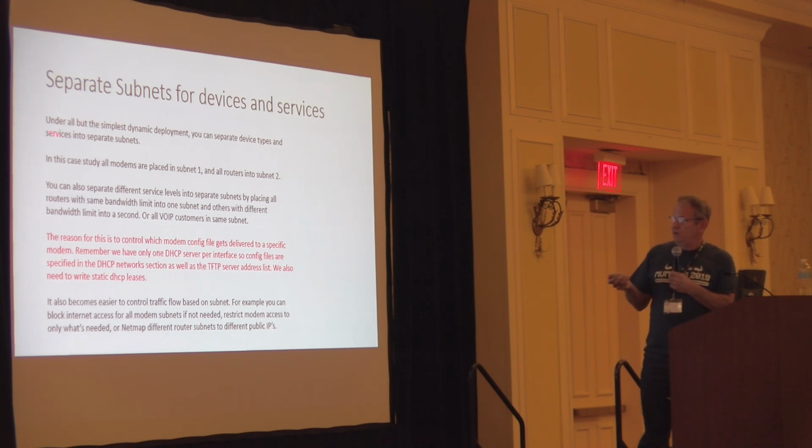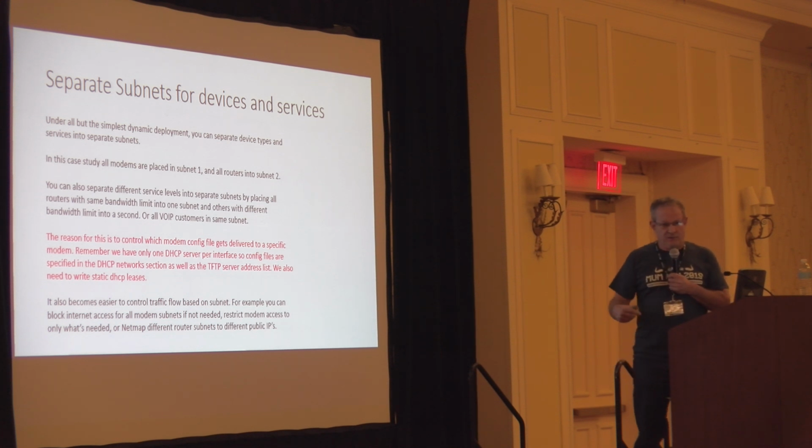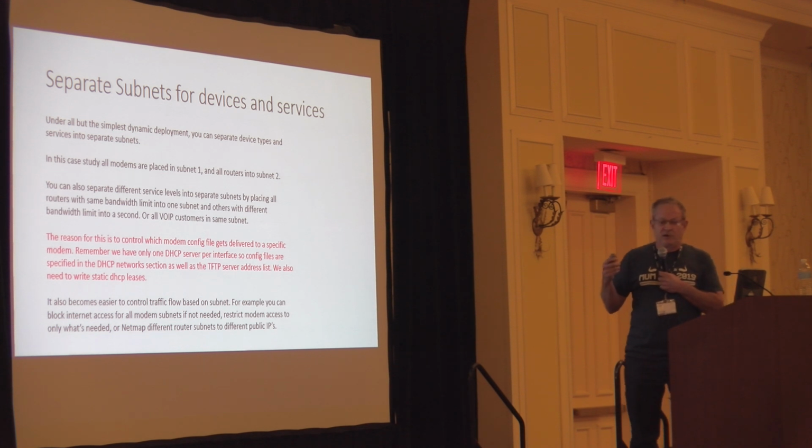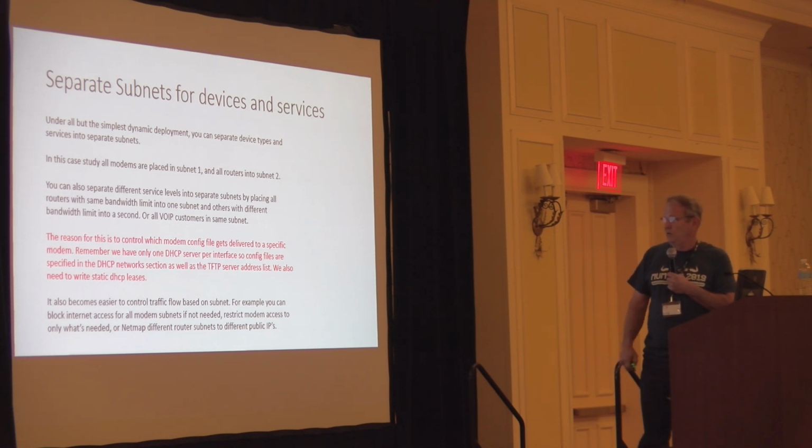What I've done here is use different subnets on the system in order to get different config files to the modems. It's one approach. The reason I'm using different subnets, and I tried this way and it works, is that if you're going to deliver a different config file to a different class of customer at the modem, it works fine. Again, there may be an easier way to do it.